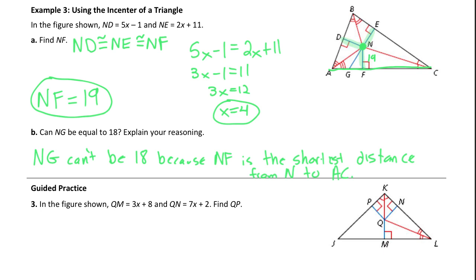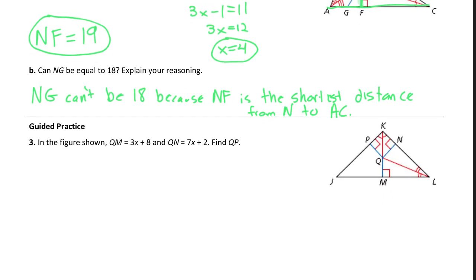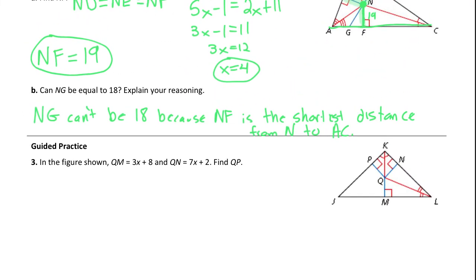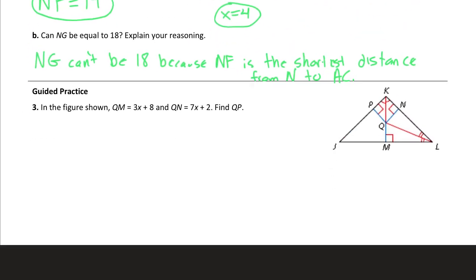This is the shortest distance from a point to a line or a line segment. So any other segment attaching to this side has to be longer. It's not possible for NG to be 18. NG would have to be somewhat longer. It can't be the same and it can't be less. So 19 is the shortest distance from N to that side.